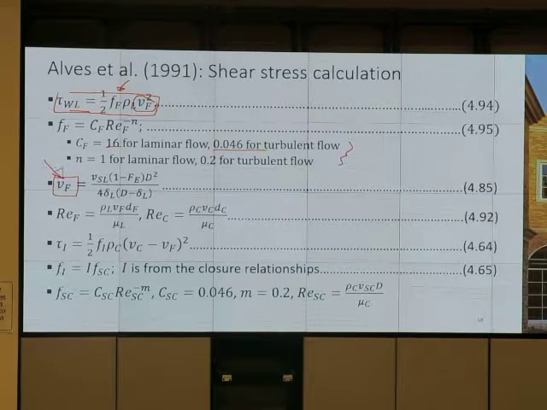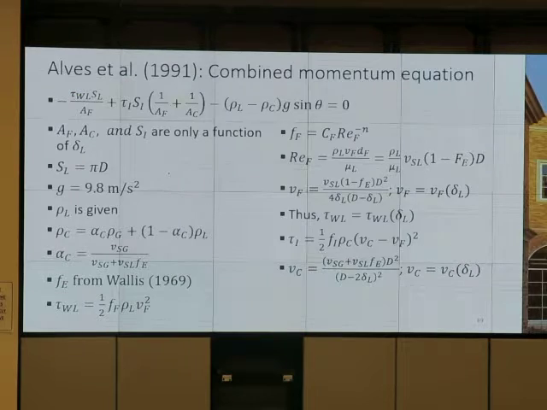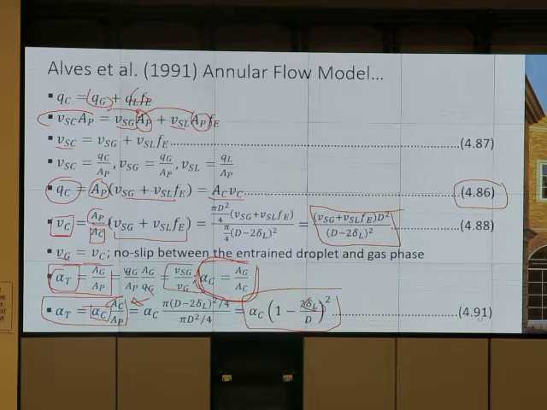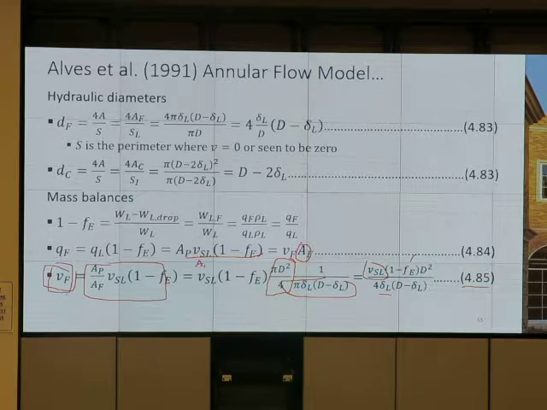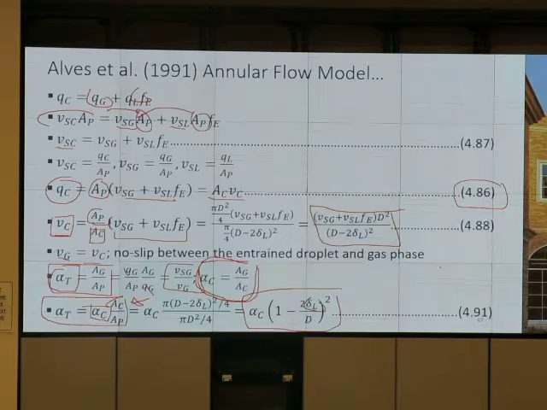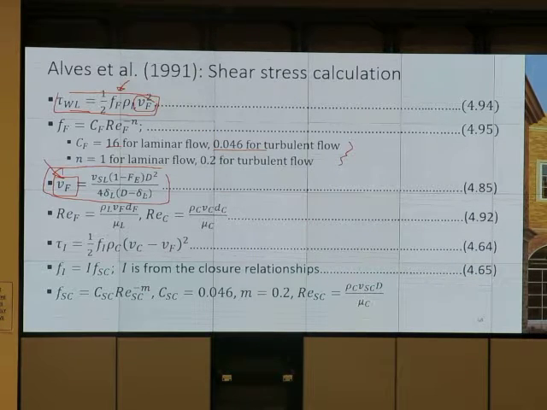Where does that equation come from? Did we ever talk about it anywhere? So we have to have QF, right? Oh, we have it over here. VF, we talked about it already. That is that expression. So VF is a function of thickness. Okay, VF is a function of thickness.